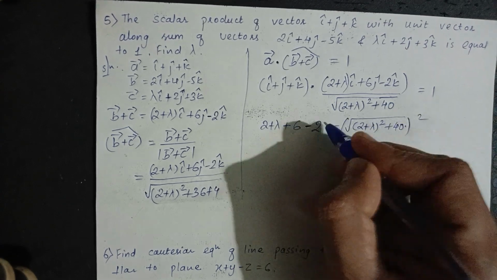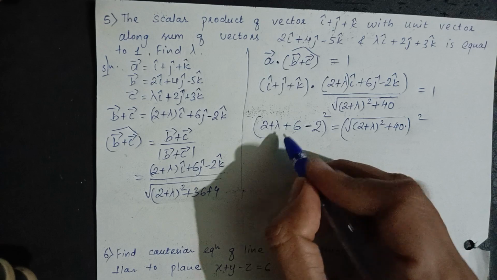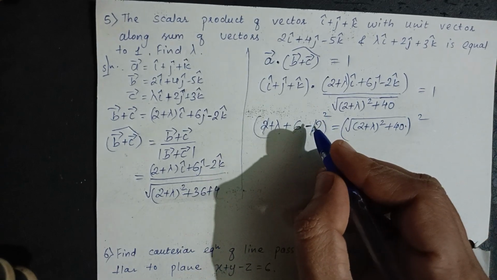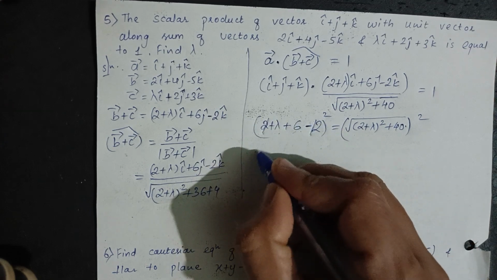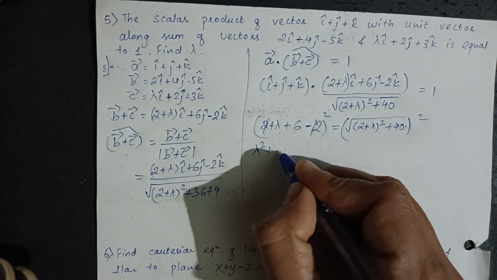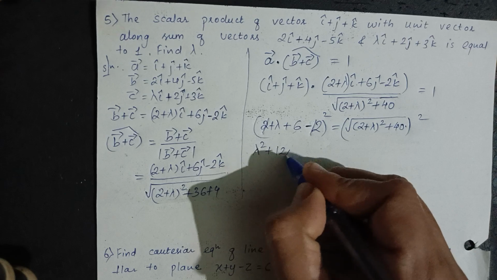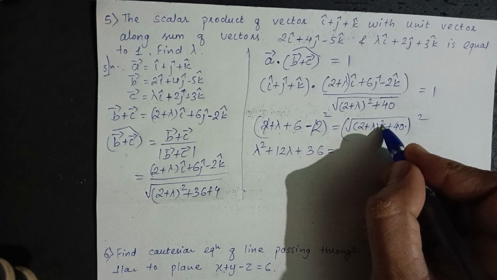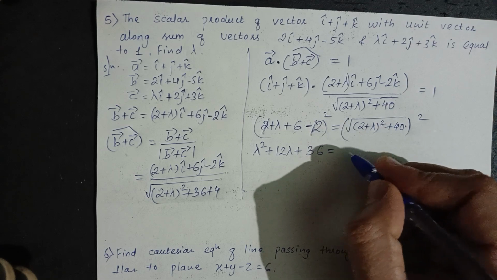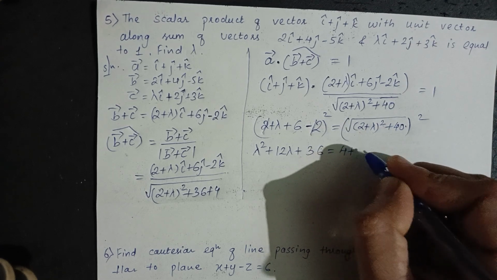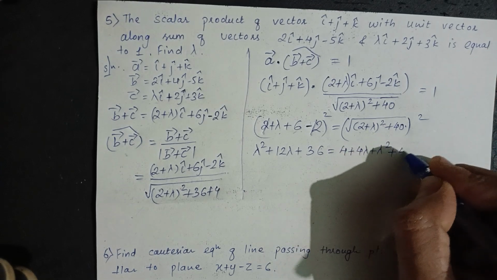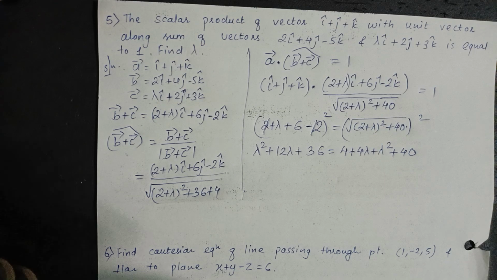So squaring both the sides, 2 minus 2 gets cancelled, lambda plus 6 the whole square. Expand it: lambda square plus 12 lambda plus 36 equals 2 plus lambda the whole square, which is 4 plus 4 lambda plus lambda square, plus 40.